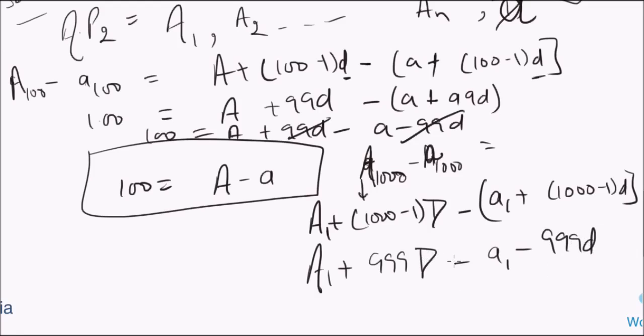But capital D is the same as small d because their common differences are the same.